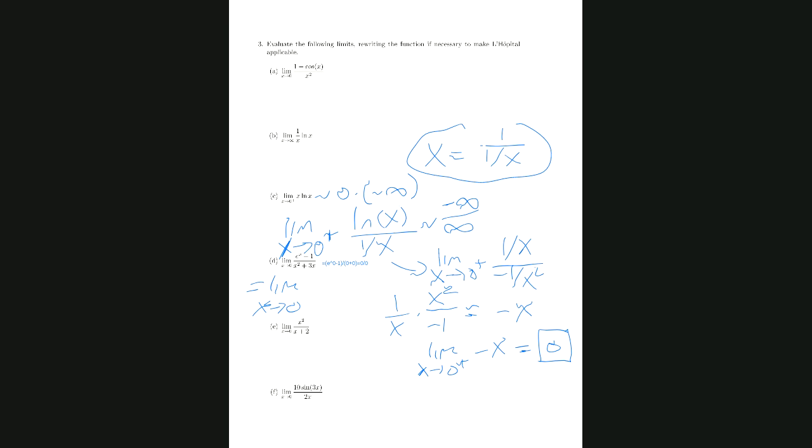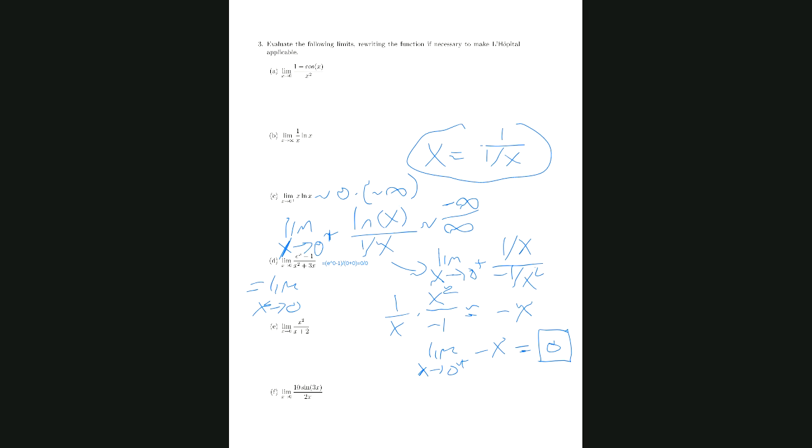Okay, and then what is the derivative of the numerator? E to the x minus 1. Just e to the x, great. And then what's the derivative of the denominator? Muy bien, muy bien. 2x plus 3.